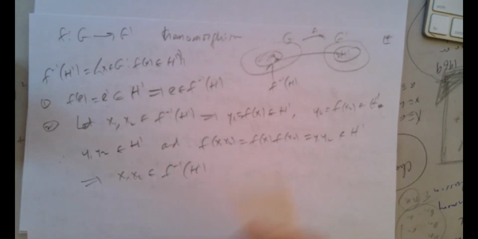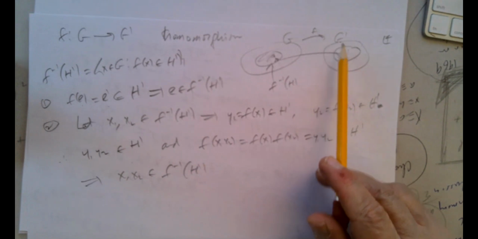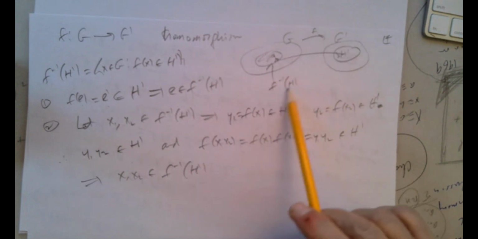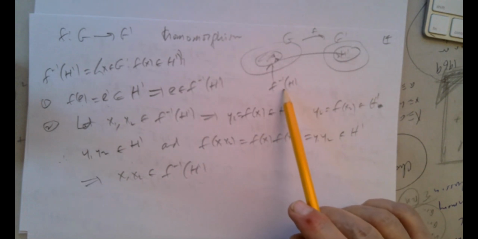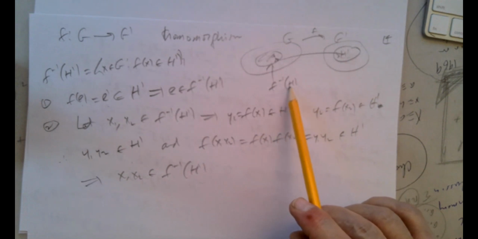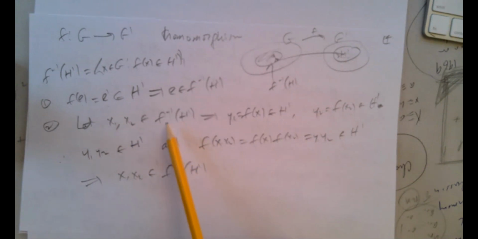Right, so this is just a chain of reasoning that you have to think through very carefully. So you have a subgroup H prime in G prime, and we look at this set, which is called the inverse image, and we want to prove this is closed under multiplication. So you take any two elements, x1 and x2 in this set. That means that f of x1 is in H prime and f of x2 is in H prime. So I can call those elements y1 and y2.